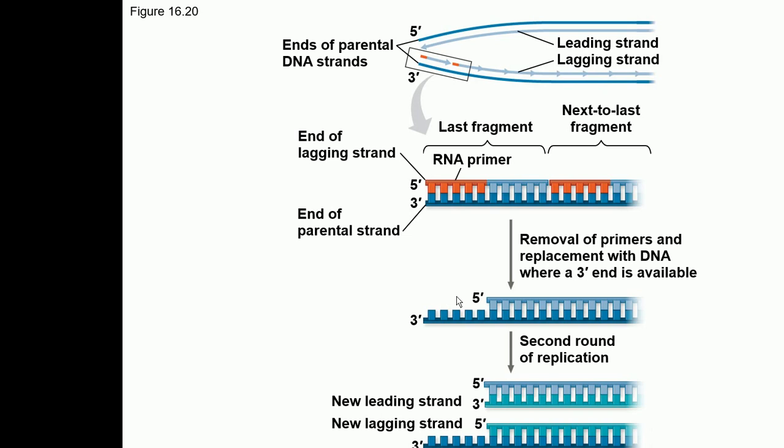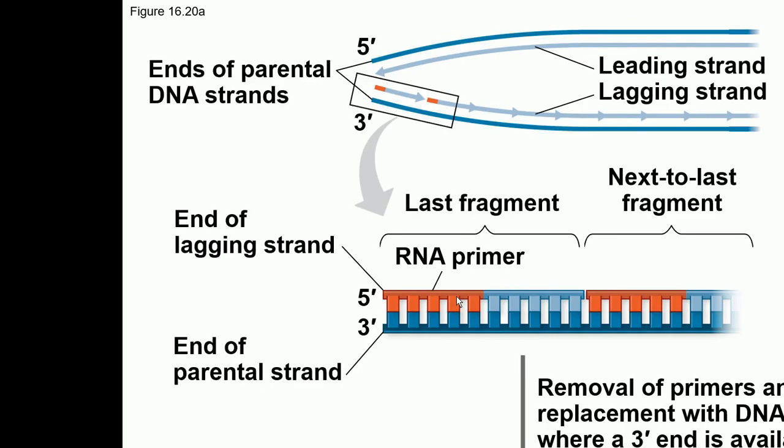Yes, that's happening. If that is happening, it means that in every cycle of replication, our cells are losing some genes. Yes, the DNA is getting eroded from the ends. But we are not losing genes.